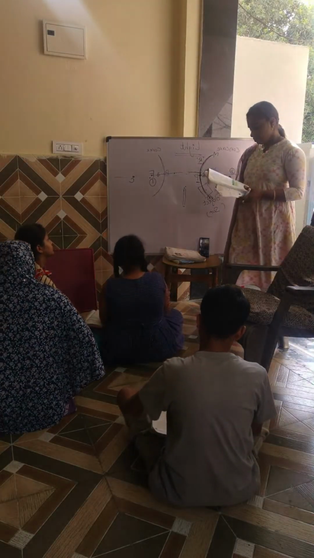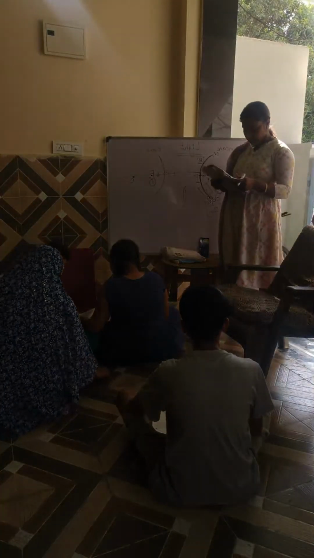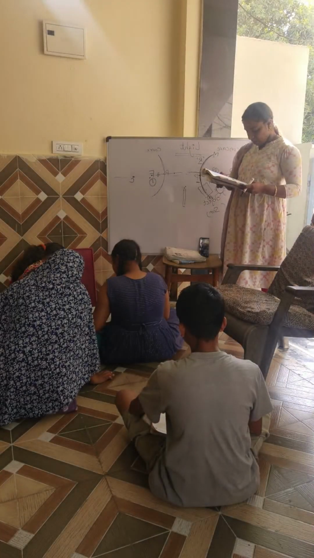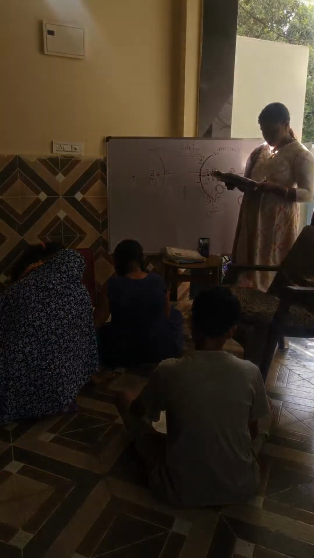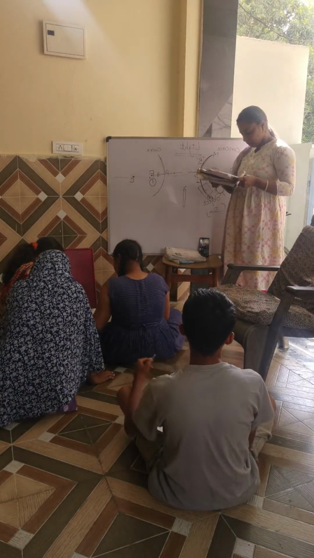Okay? So, we have so far studied the image formation by plane mirrors, concave mirrors and convex mirrors. Which of the mirrors will give the full image of a large object?